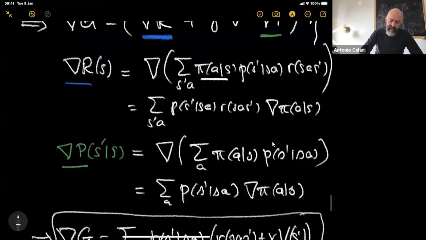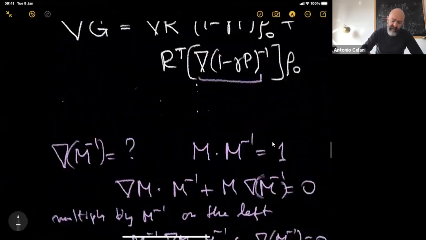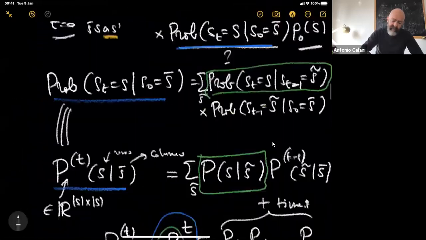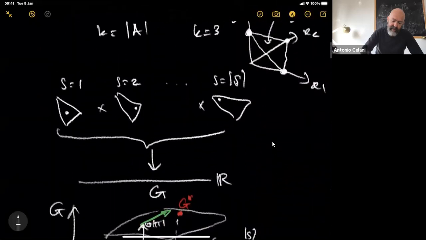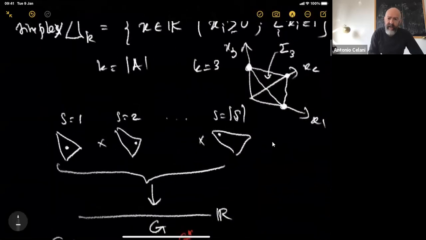So let's roll back to our geometric interpretation of the beginning. This is the space where my independent variables live. So now I'm focusing on one particular state, and I'm focusing on one particular action. So I'm taking the derivative in this direction.